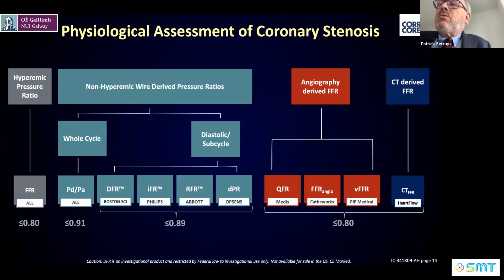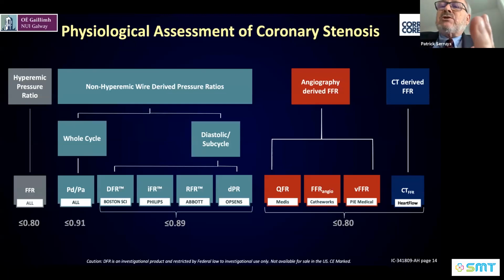Now, this is what we have today. On the left-hand side, you have the classical hyperemic pressure ratio, the so-called FFR, with a criterion of 0.80. Then you have a family of non-hyperemic wire-derived pressure ratios in green, on the whole cycle or in the diastolic subcycle. We start with PDPA, but then you have DFR, IFR, RFR, DPR.